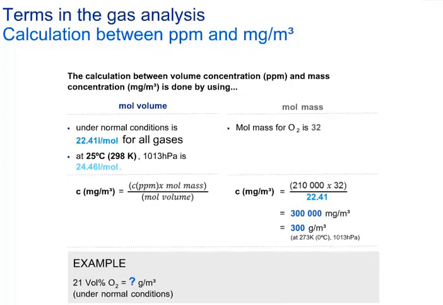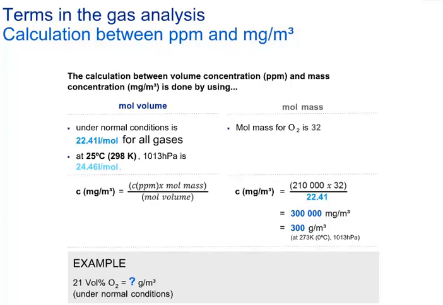C in milligrams per cubic meter equals 210,000 multiplied by 32 divided by 24.46, which equals 300,000 milligrams per cubic meter, equals 300 grams per cubic meter at 273 Kelvin, 1013 hectopascal.